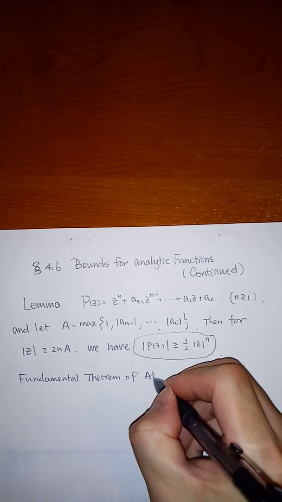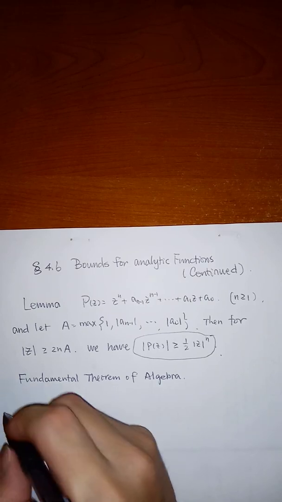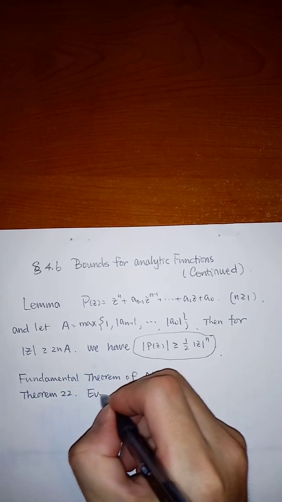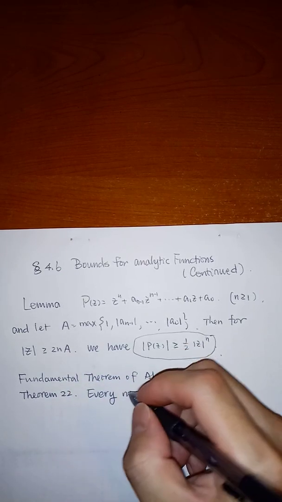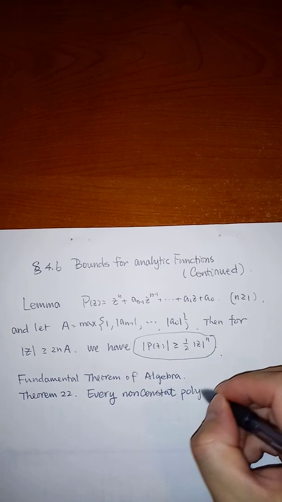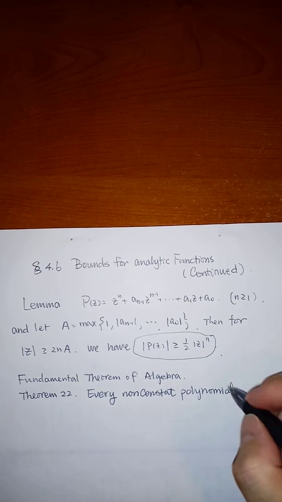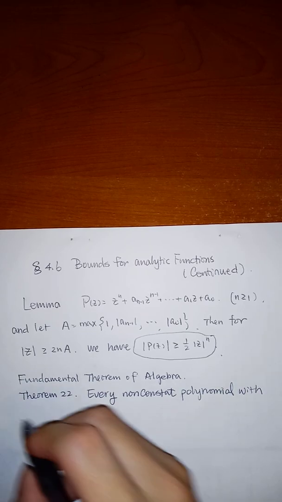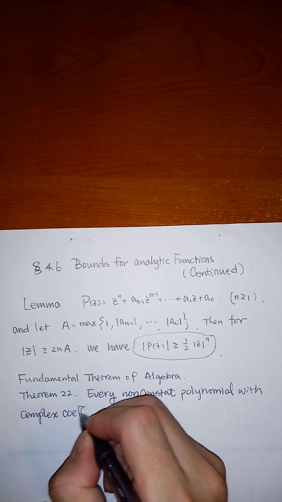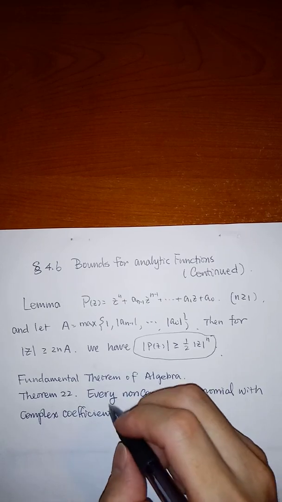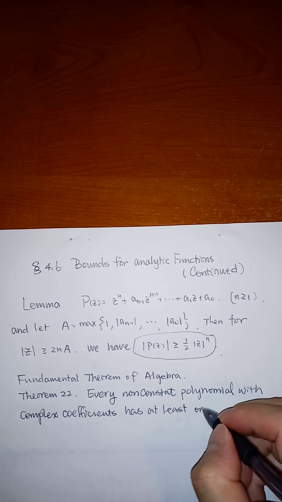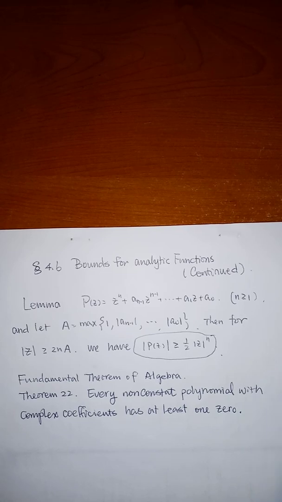Theorem 22: every non-constant polynomial with complex coefficients has at least one zero.